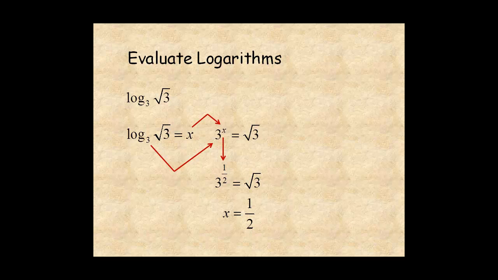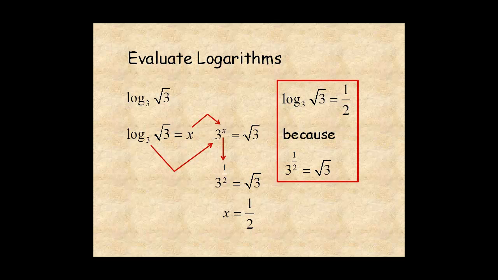So the answer is log base 3 of radical 3 is 1/2, because 3 to the power of 1/2 is equal to radical 3. Remember to write the because statement.